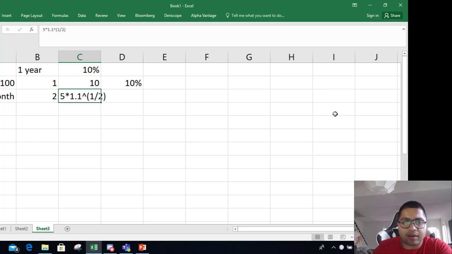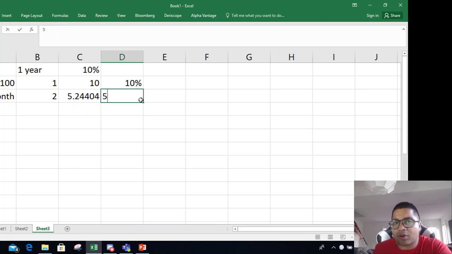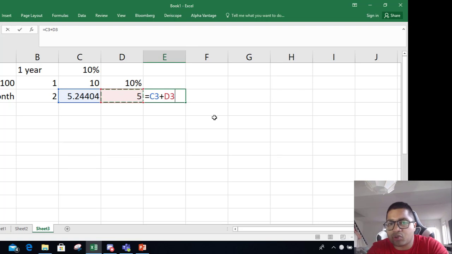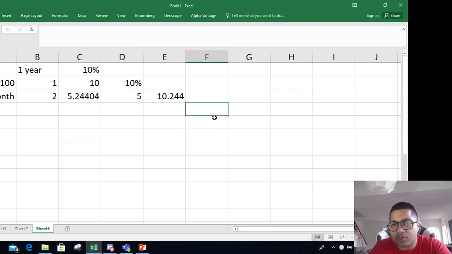So it's going to become $5.24 plus you get $5 at the end. So effectively you're going to make 5 plus 5.24, so 10.24. So your effective rate, if it is compounded every 6 months, becomes 10.244.